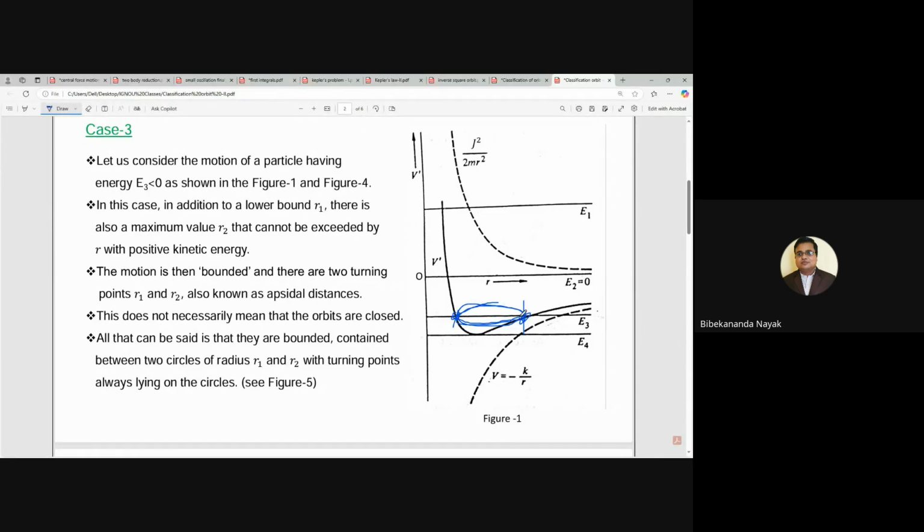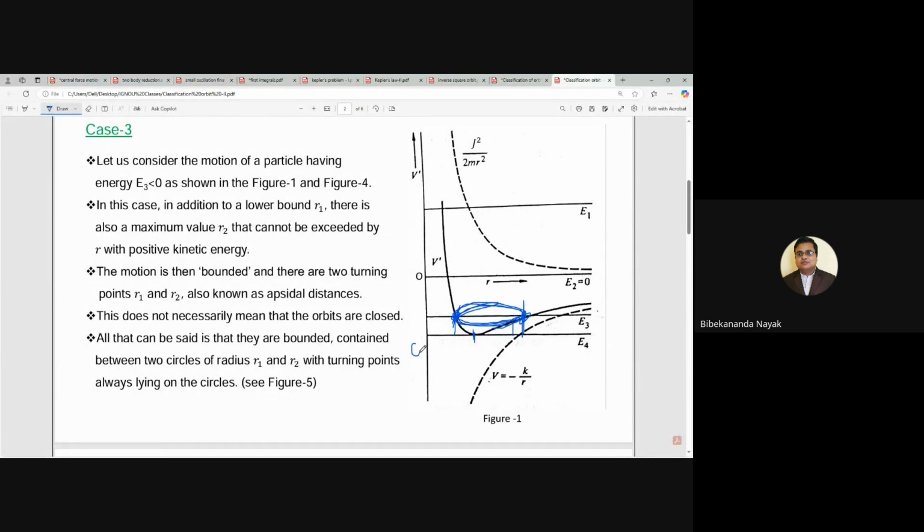Clear? So case 3, which is the actual case of the earth rotating around the sun, has an elliptical orbit because there are two turning points, where the direction changes. But when it becomes minimum, you see, this is your one distance R1 and R2. For this point, this distance decreases.